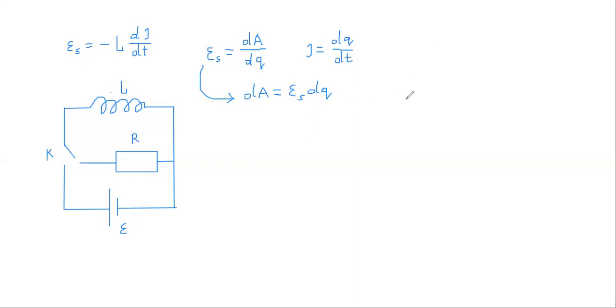So we have that dA is equal to minus L dI by dt multiplied by I dt.